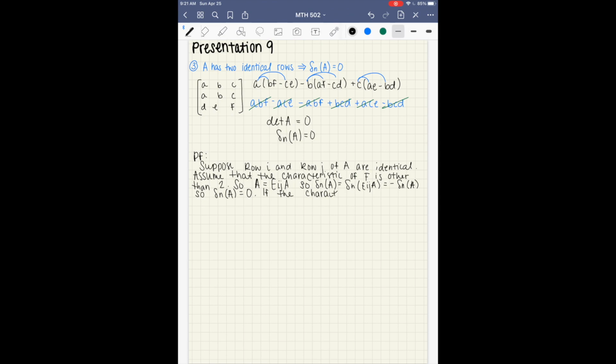If the characteristic of F equals 2, then delta n of A equals delta n of E_IJ negative 1 A, and we know that E_IJ negative 1 A is a matrix that has a row of all zeros.